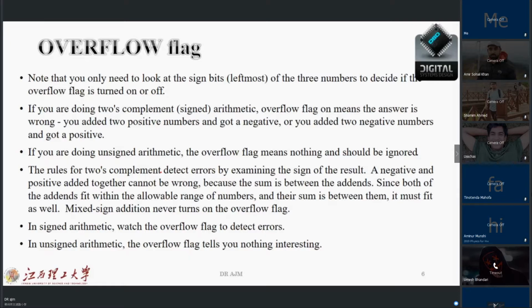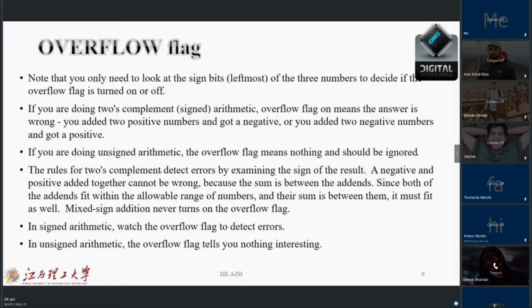Then we can have one straightforward rule for the students for today's lecture: this overflow and this carry have meaning when we are doing signed arithmetic.